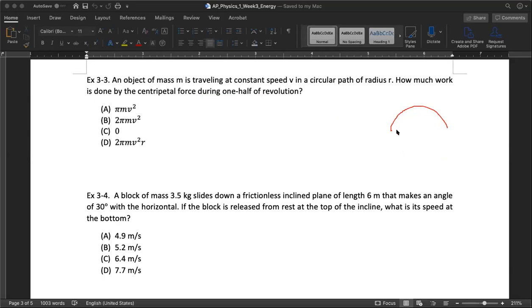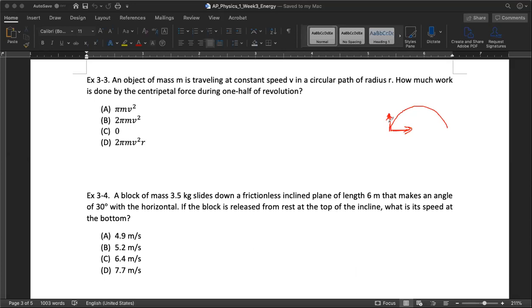What's the direction of centripetal force? Pointing to the center, right? What direction of motion? That way. Be very careful about circular motion. At any point, your centripetal force is perpendicular to the direction of motion, right? No work done.